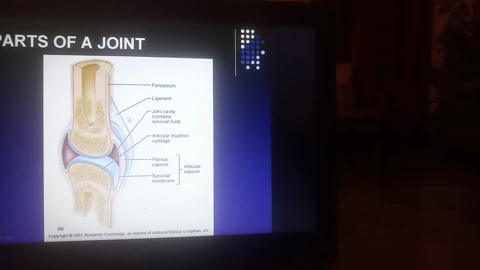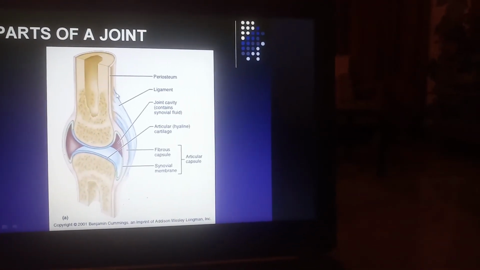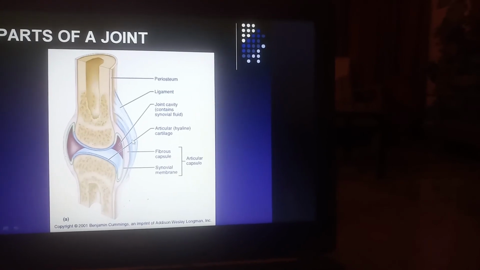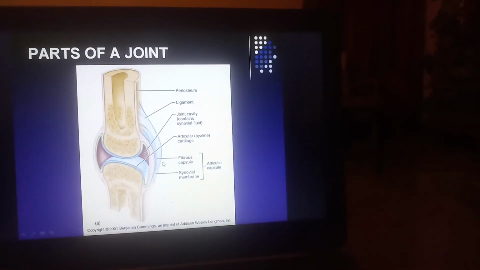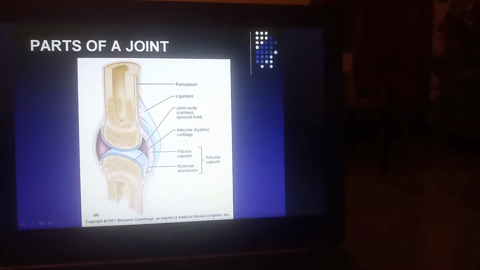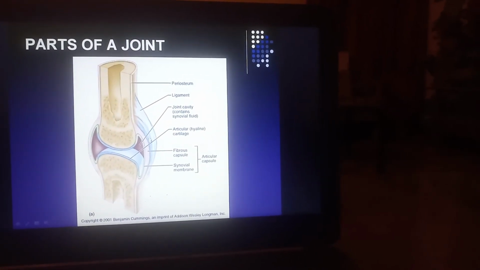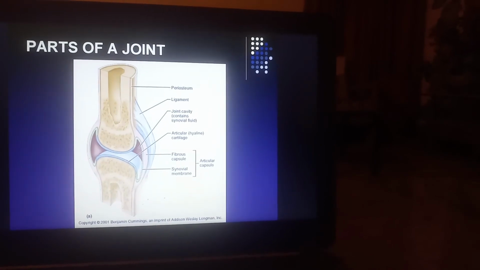And if you are discussing further the parts of the joint, these are the ligaments. These are the supporting structures of a joint which will prevent the dislocation of a joint. In addition to them, there are also bursae, which are sac-like structures containing fluid. These also function to reduce friction.